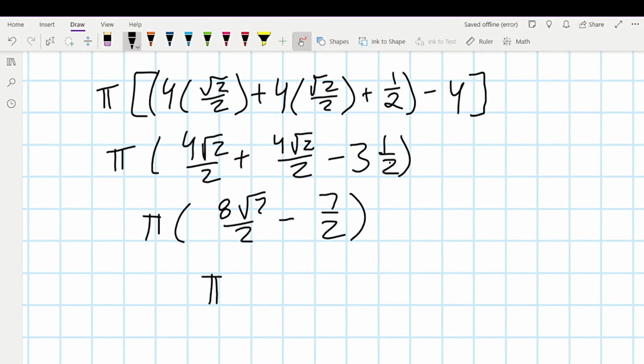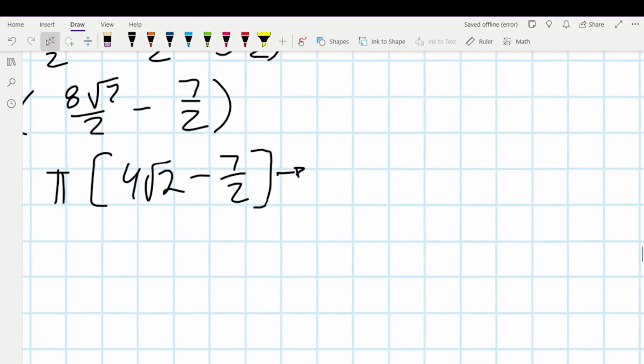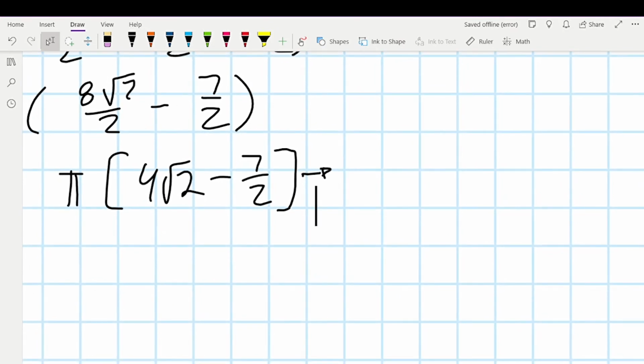And now you will be left with pi times 4 root 2 minus 7 over 2. And let's see if we can actually simplify this more.